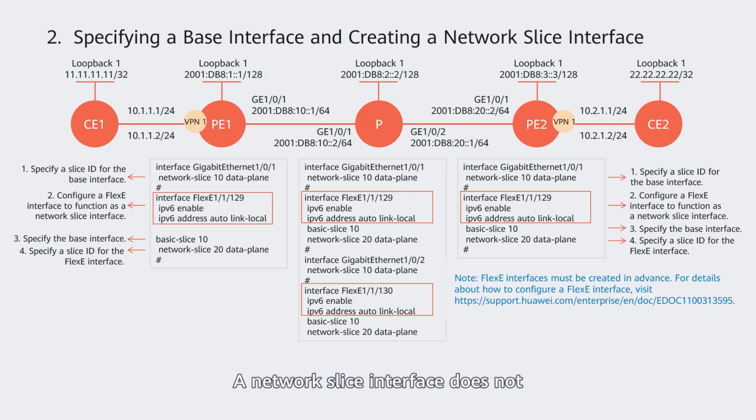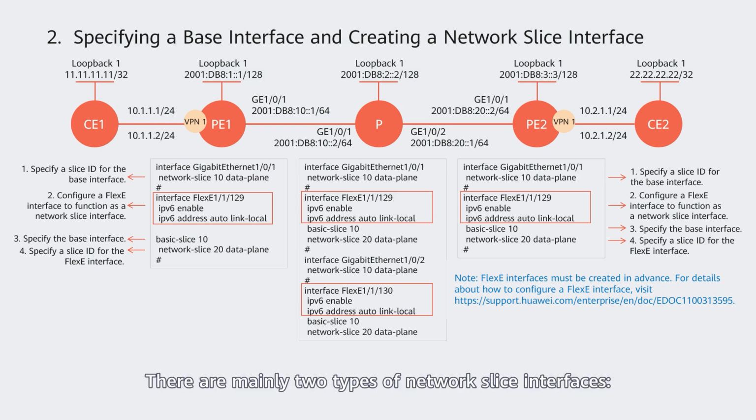A network slice interface does not have any address prefix configured, and only the network slice to which the interface belongs needs to be specified. After a base interface is specified for network slicing, traffic diverted to this interface is forwarded through the corresponding network slice interface based on the network slicing requirements.